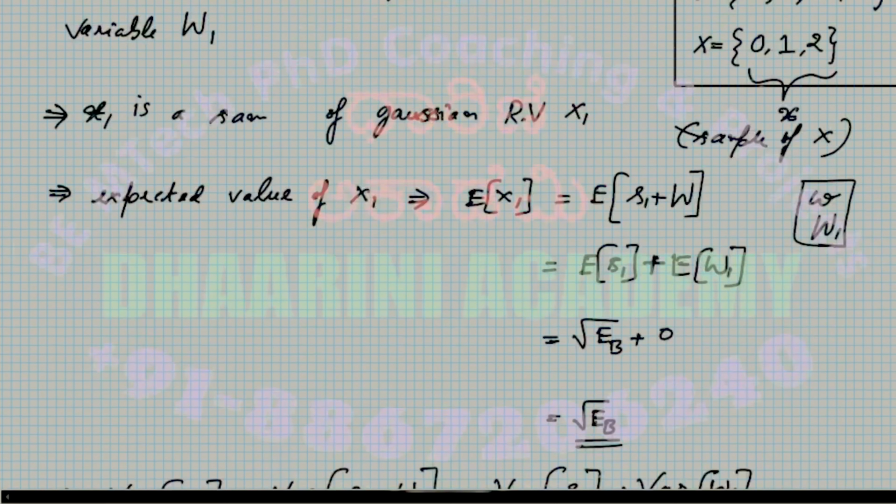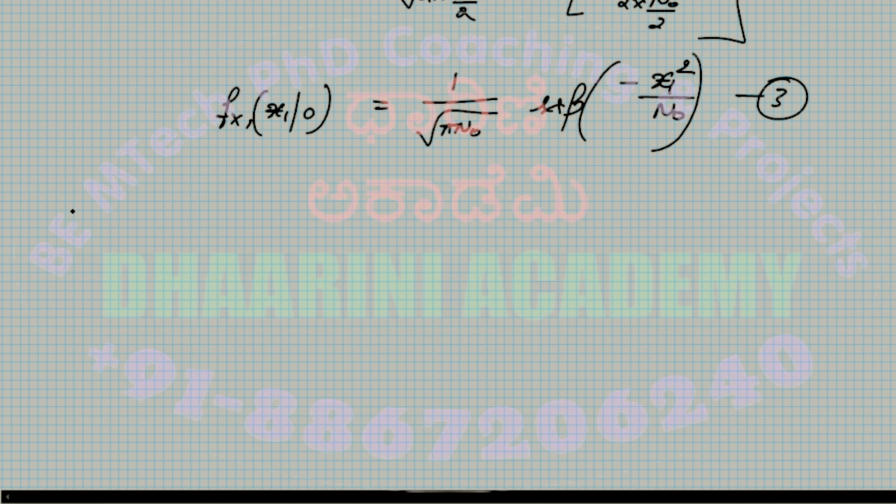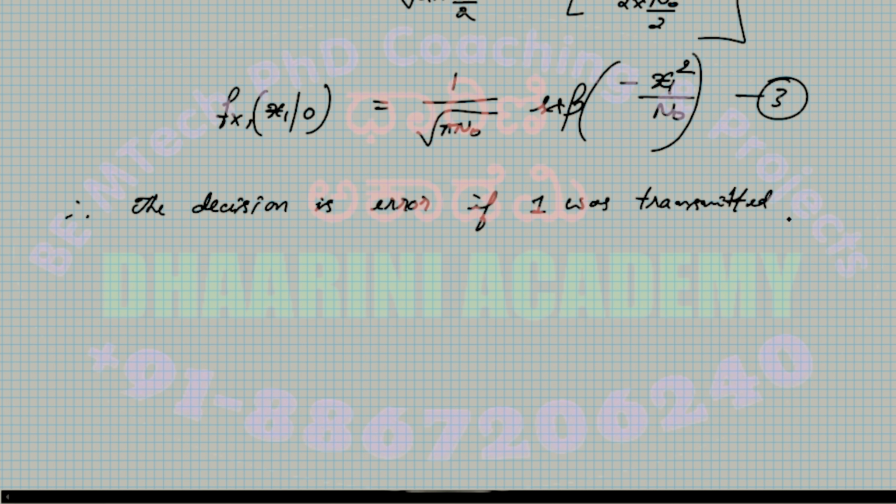As discussed, I'll write: the decision is error if, let's just separate and write, if symbol 1 was transmitted, but the x1 falls in the region denoted by Z0.